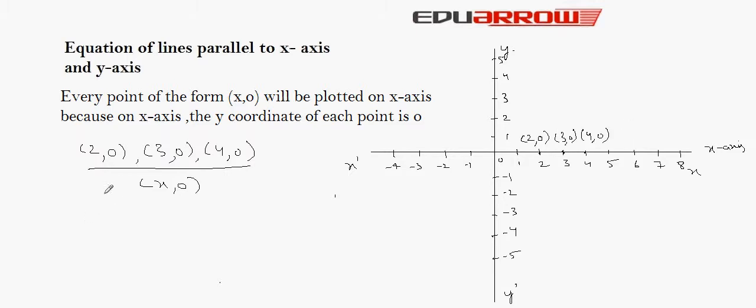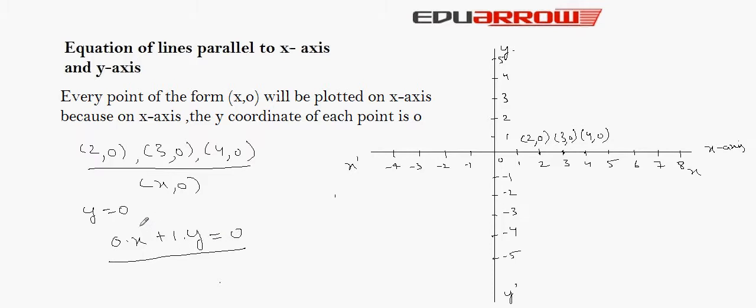Now the equation of the x-axis can be given as y is equal to 0, because it can be written as 0 into x plus 1 into y is equal to 0. So here for any value of x, y will always be 0.